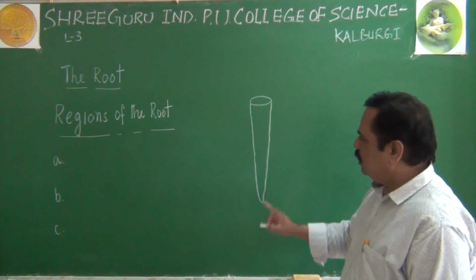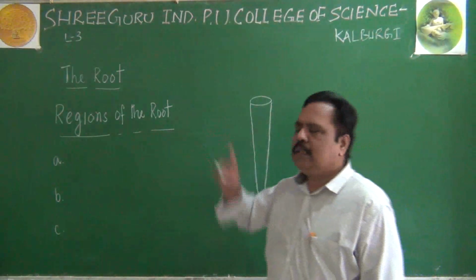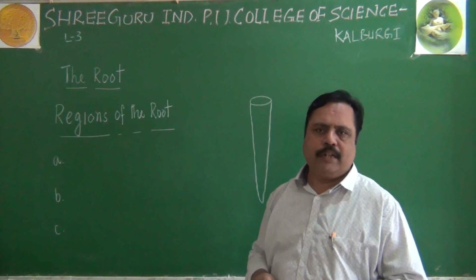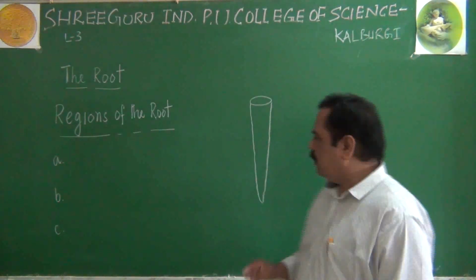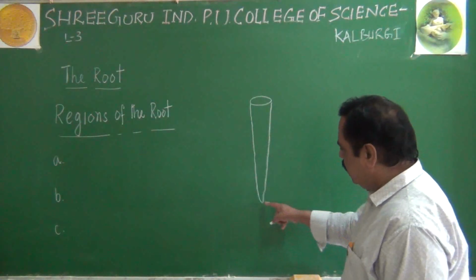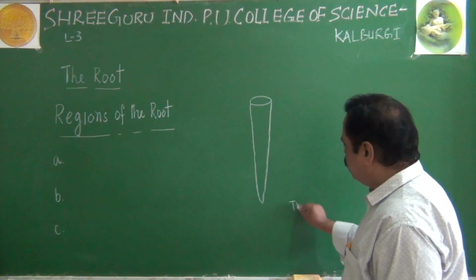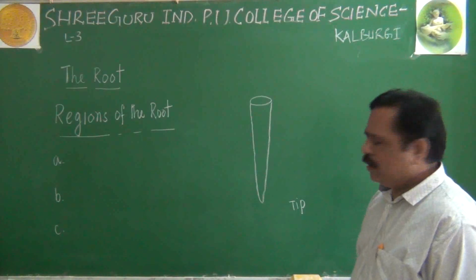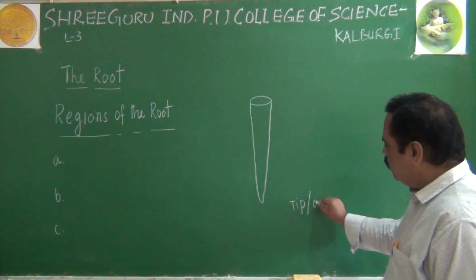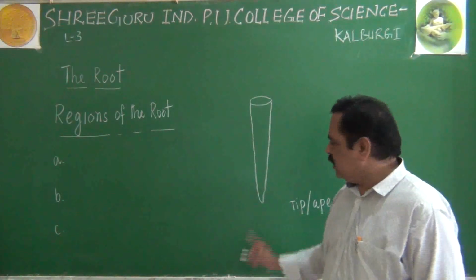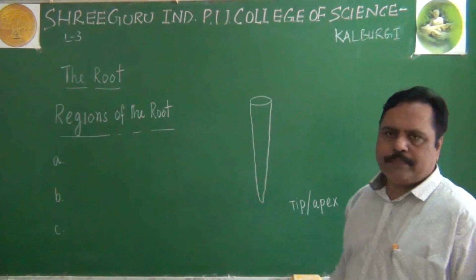In this root, we can find 3 major regions. Remember, in this diagram, let us consider this is the tip of the root, otherwise known as apex of the root. This is called apex or tip.